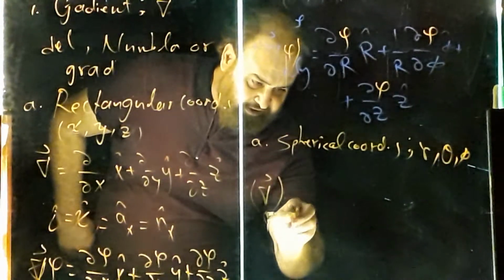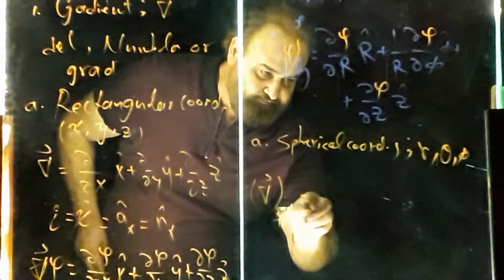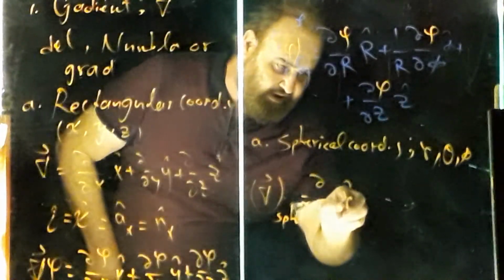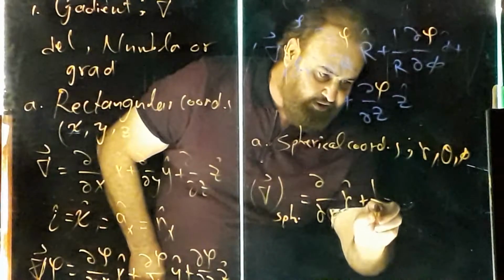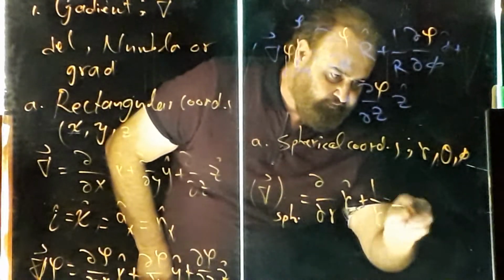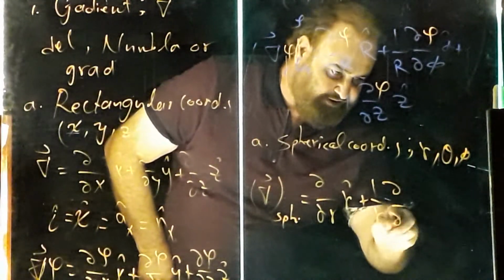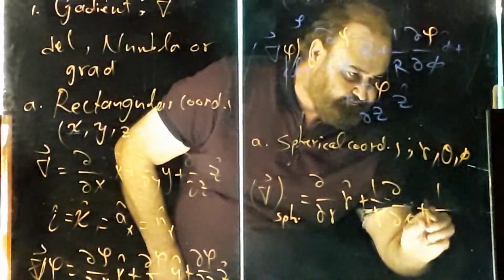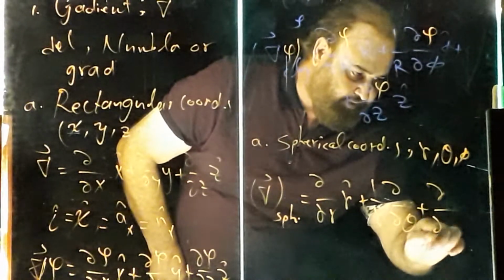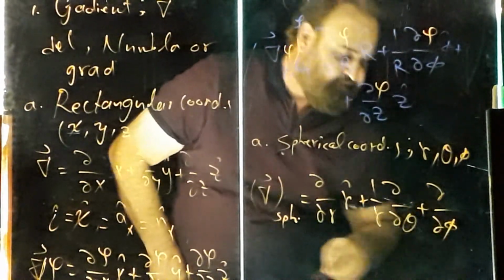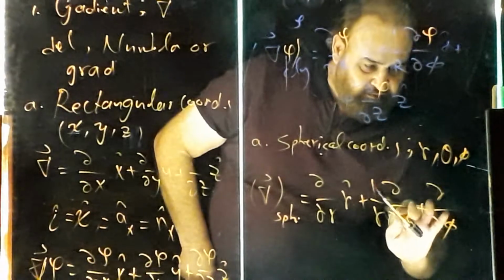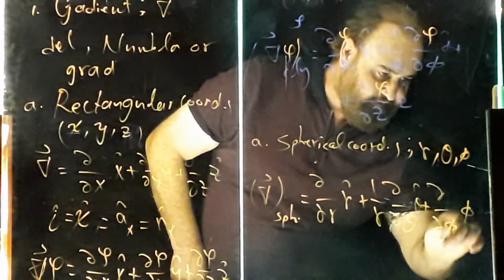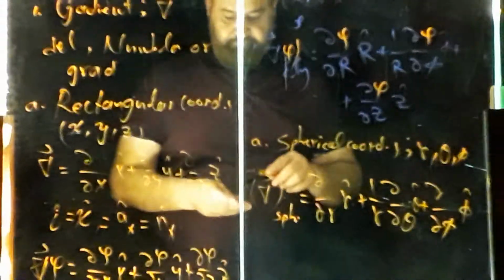In spherical coordinates, it is the partial r, r hat, plus 1 over r, partial theta, theta hat, plus 1 over r sine theta, the partial phi, phi hat.